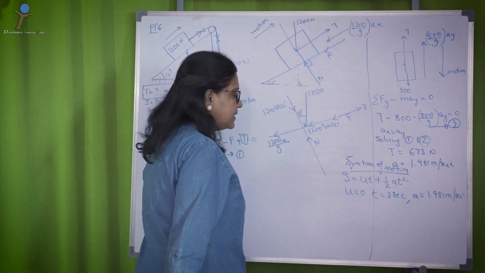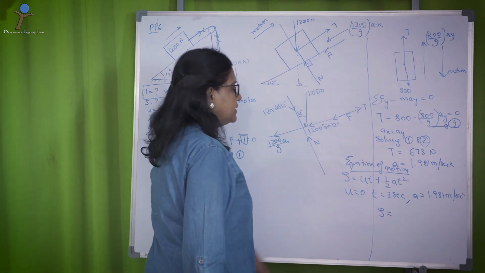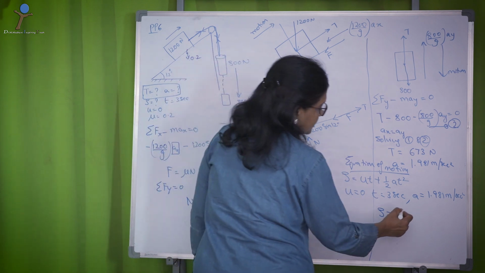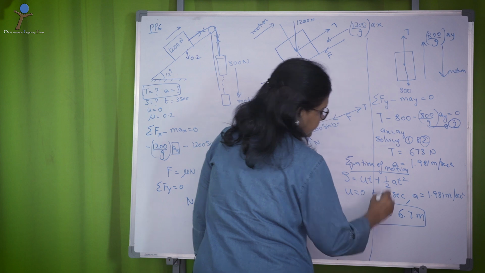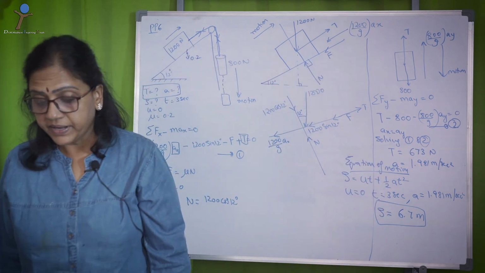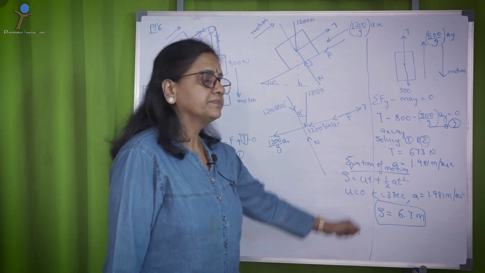Substitute that and solve for the distance travelled. It is coming around 6.7 meters. The distance travelled by the 800 Newton is 6.7 meters.